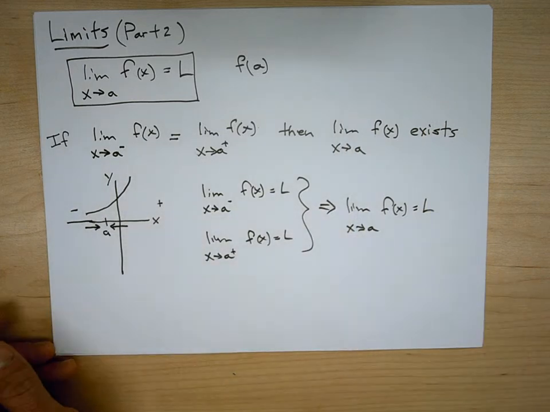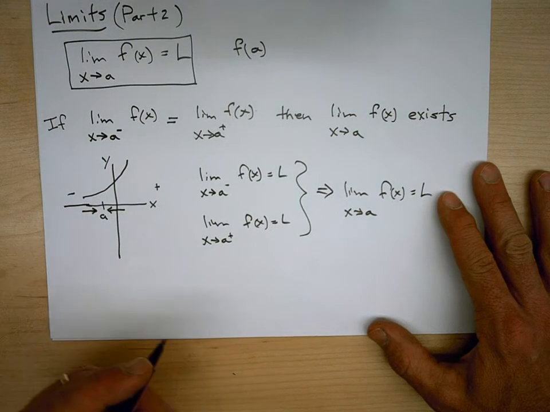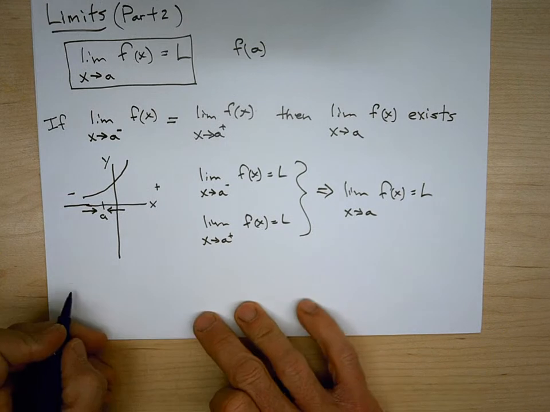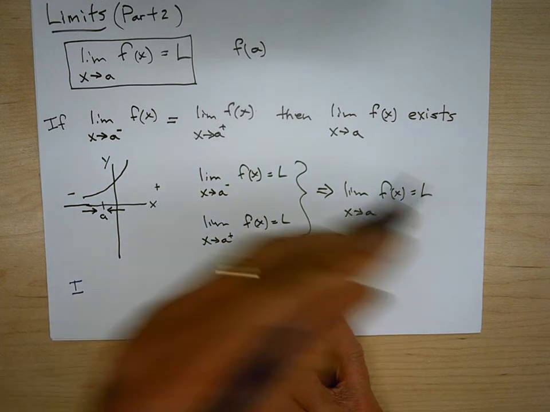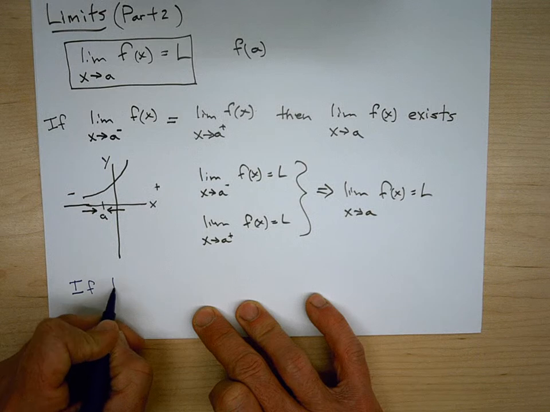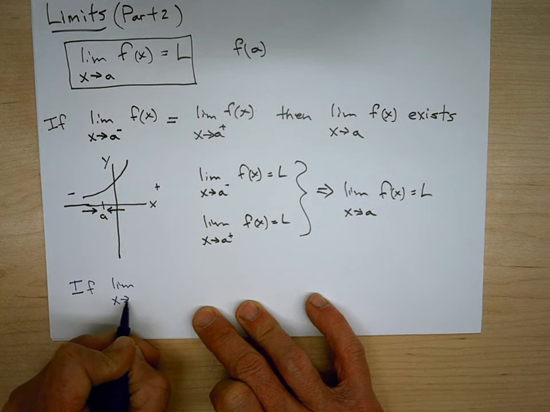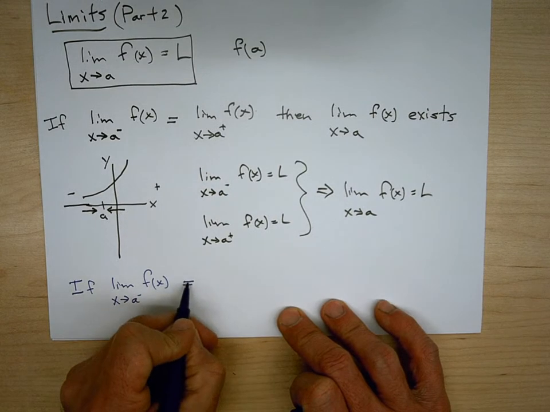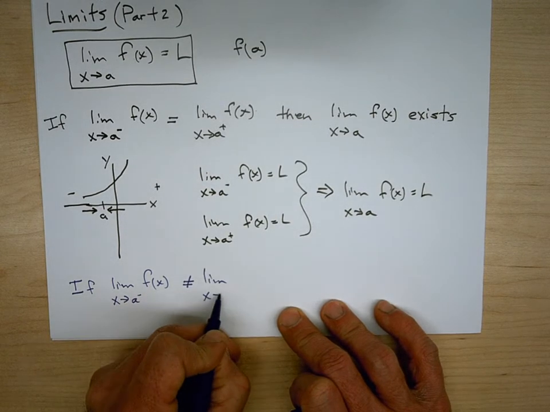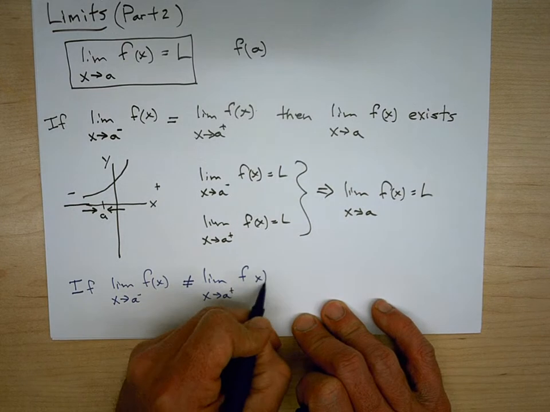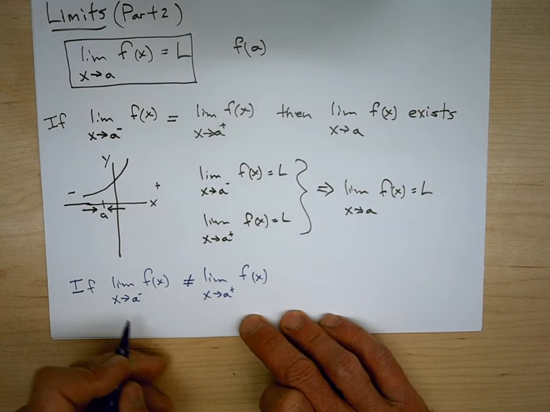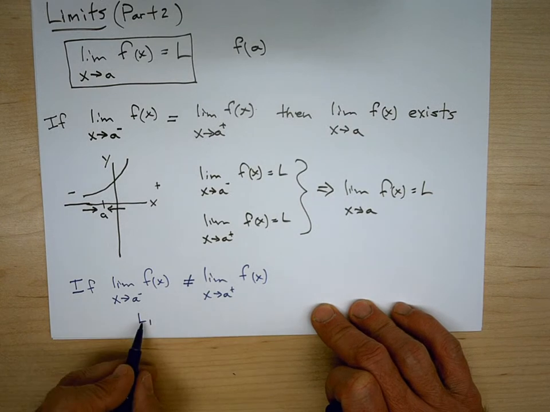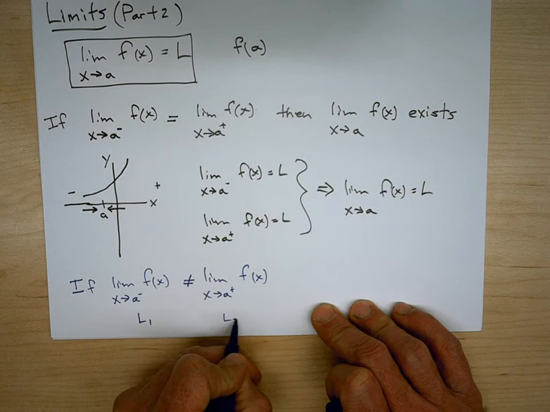All right. So let me rewrite that then. Let me put this in a different color here. So we're going to say, it actually follows from the converse, but if the limit as x approaches a from the left does not equal the limit as x approaches a from the right. In other words, this could converge to a particular y value, we'll call it L1, and maybe this one converges to L2.